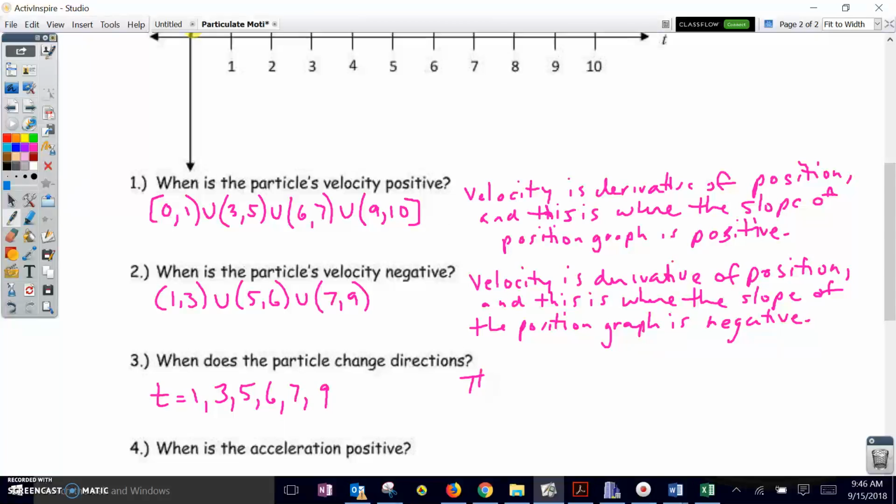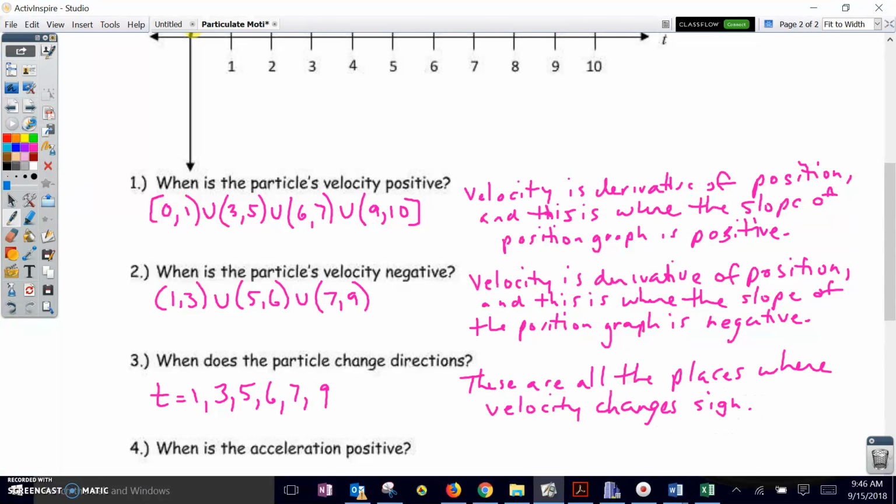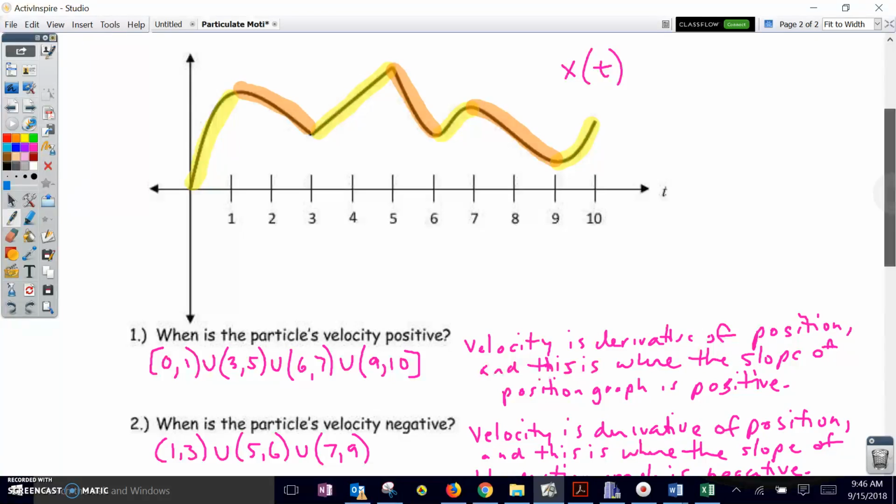Alright, these are all the places where velocity changes sign. Okay, alright, now I'm going to erase those highlights and turn to questions 4, 5, and 6.